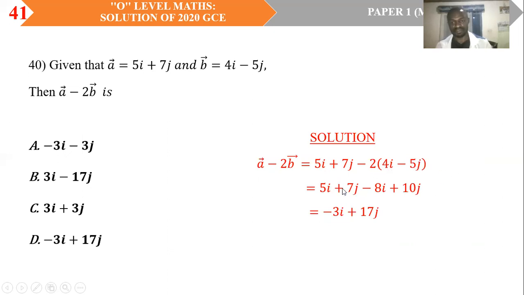Now expanding this, we have 5i plus 7j minus 8i plus 10j. 2 times 4 is 8. Negative 2 times negative 5 is positive 10j. Now adding corresponding components, 5 plus negative 8 gives negative 3, and 7 plus 10 gives 17. So the answer is D.